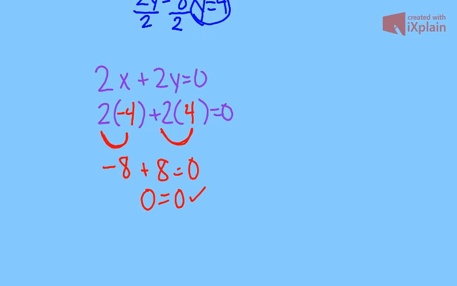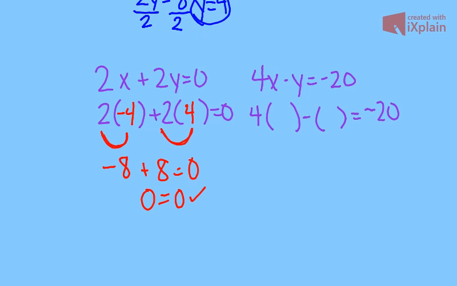And those check out. Now let's look at our second equation that we have. We had 4x minus y equals -20. So if we're going to substitute in here, we will plug in -4 for x and 4 for y.